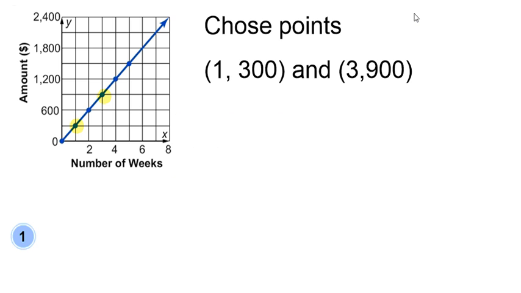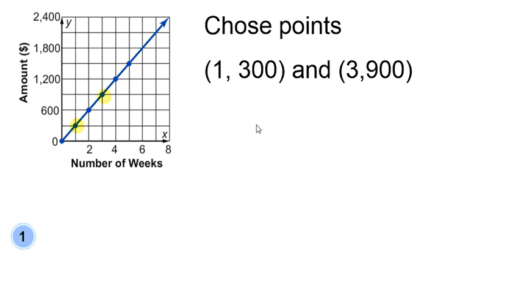Now I'm going to choose 2 points. The 2 points I chose were 1 comma 300 and 3 comma 900. So what do these points actually mean? This means that at 1 week he had $300, and 3 comma 900 is at 3 weeks he has $900.